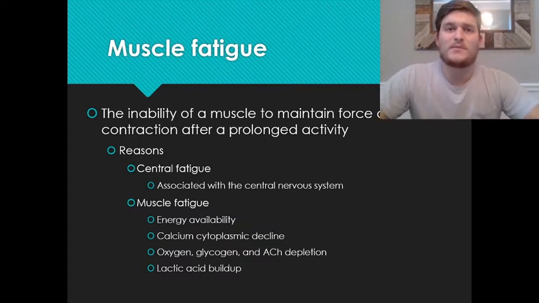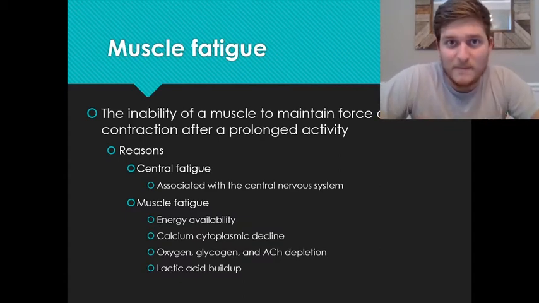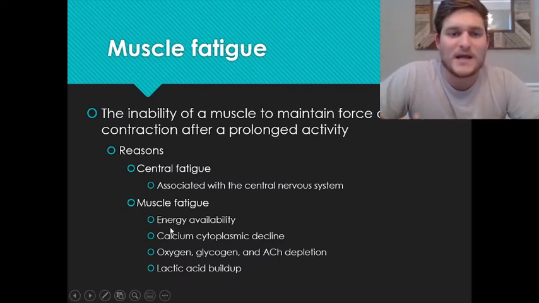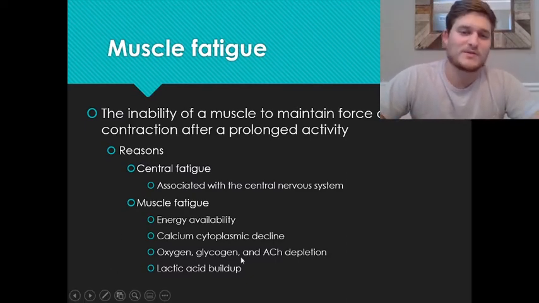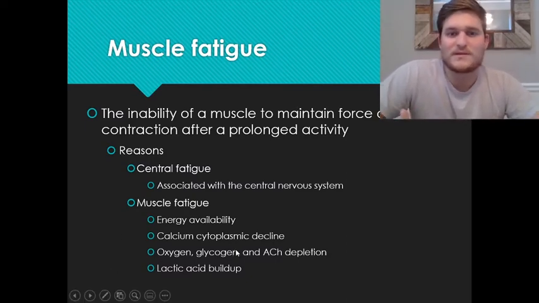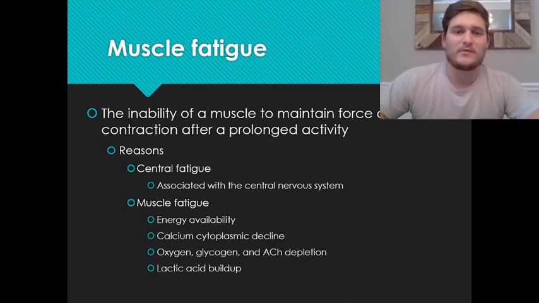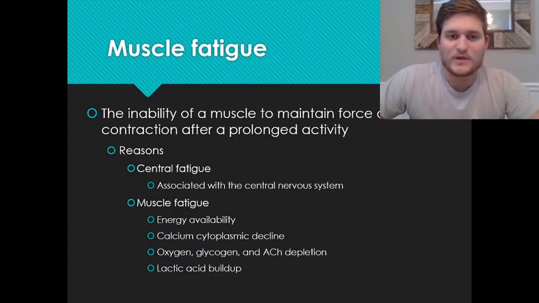Muscle fatigue can also be brought about by local factors as well. To start, if you don't have enough ATP to generate high levels of force, you are going to fatigue. And so you're going to need a bunch of ATP in order to keep up the amount of work during exercise. That's why oxygen and glycogen and glucose are also important, because that's how you're providing the muscle the ability to generate contractions.